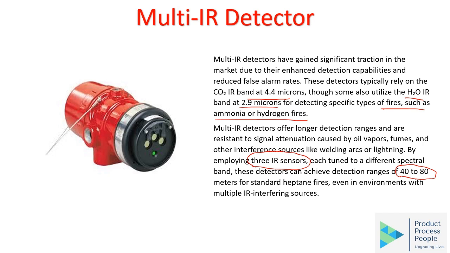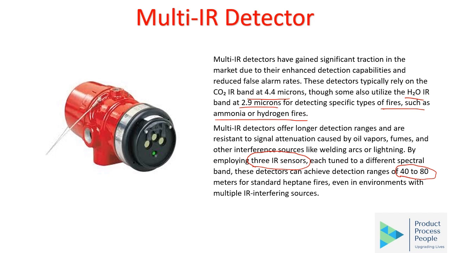With respect to the disadvantages, the complexity and cost is higher because here we have three or more IR sensors. Specialized application. While effective, these detectors are often tailored to meet specific fire types and environments, limiting their versatility compared to other options.